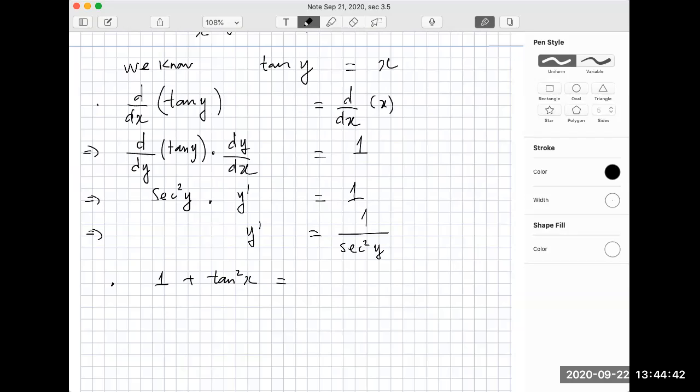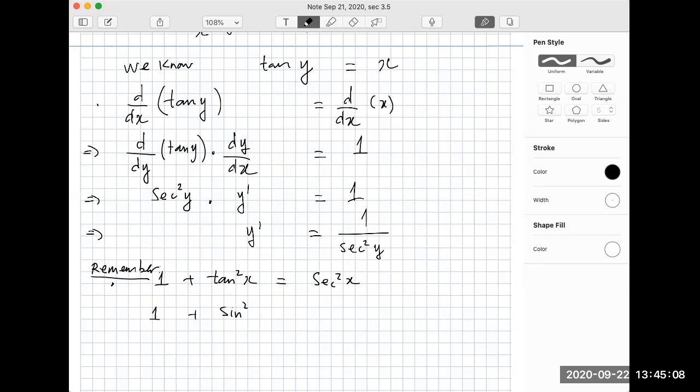Do you remember what it is? Very good. It is secant square. You can do it easily because now we can write it this way.